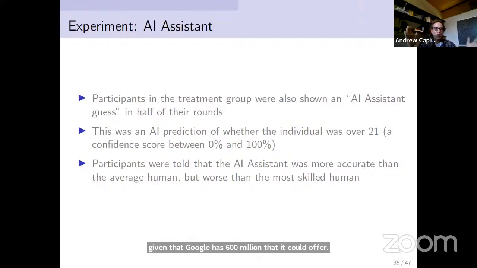There are all kinds of groups that could give us tons of data that we could be analyzing, but it's hard to get them to agree to give it. So we've now got some public cases. The age database is very famous. The age algorithms are well known. And this age algorithm that we're using was better than the average, but worse than the most skilled human.